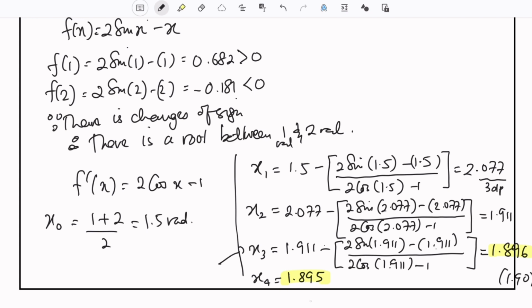Here also will be 1.90 for 2 decimal places. So hence, that's our answer. The root is 1.90 to 2 decimal places.